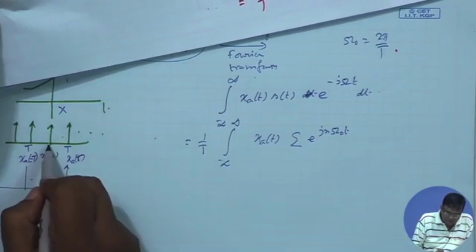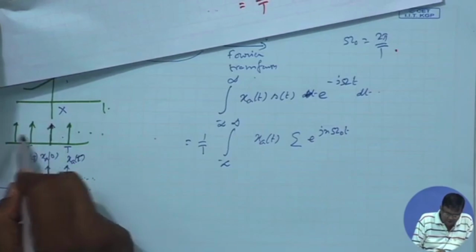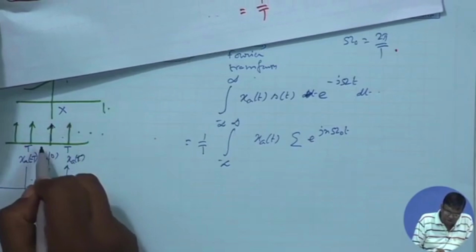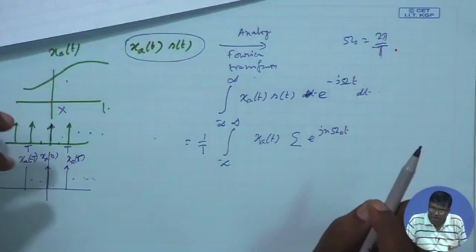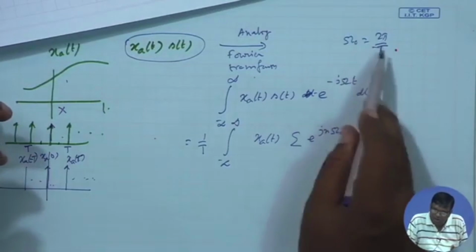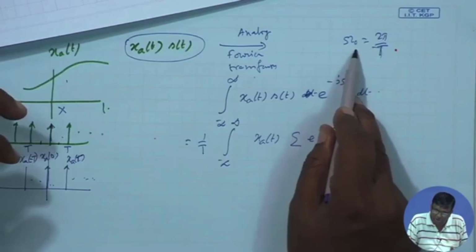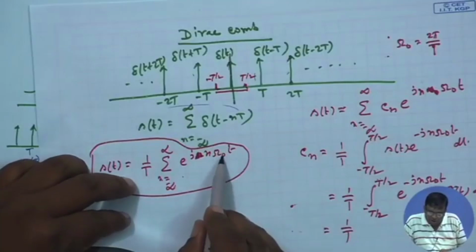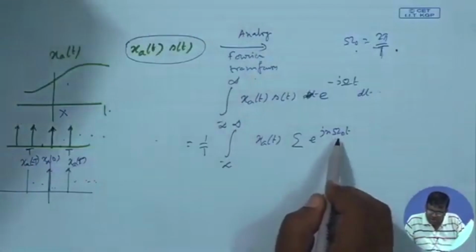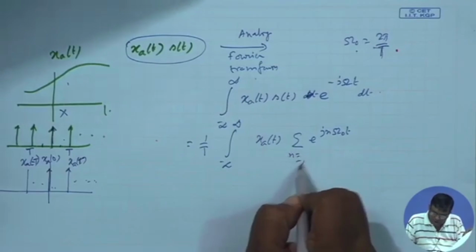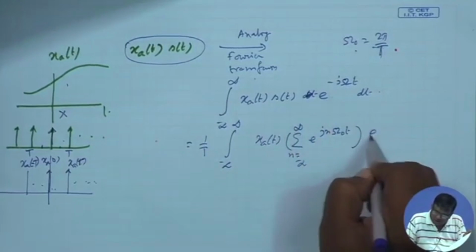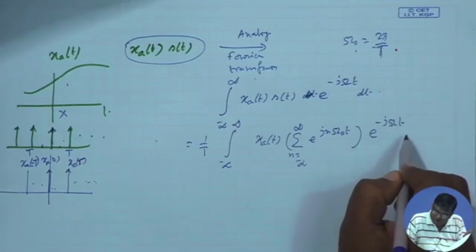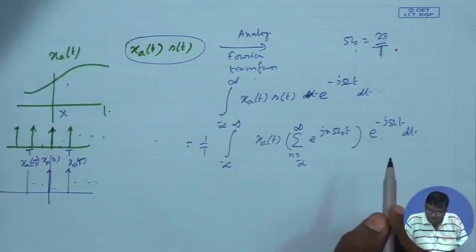This impulse train is periodic over a period T, and from that I derive the fundamental frequency capital omega naught. That capital omega naught came here, n times that was the nth harmonic, a summation over all the harmonics, 1 by T outside. This is one part, and then e to the power minus j omega t dt.